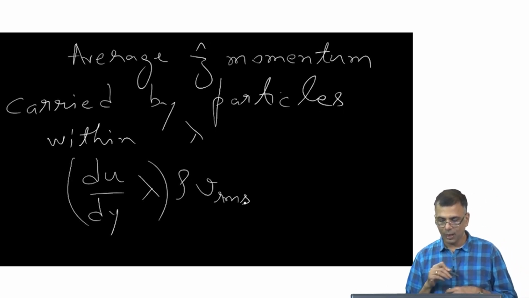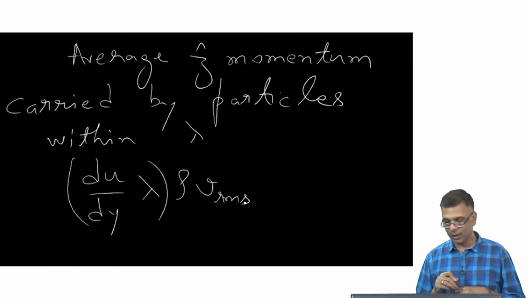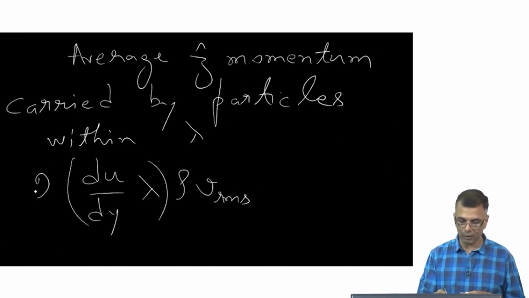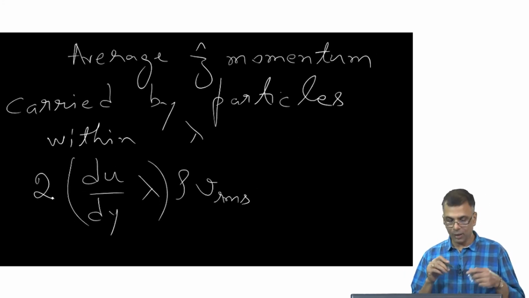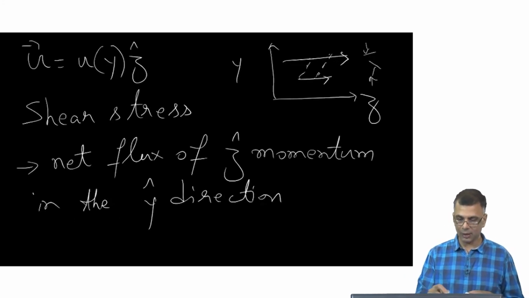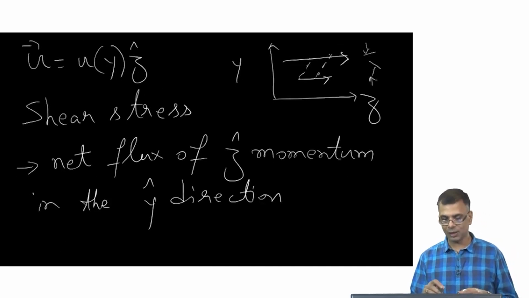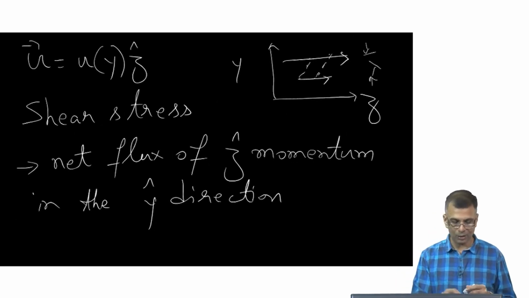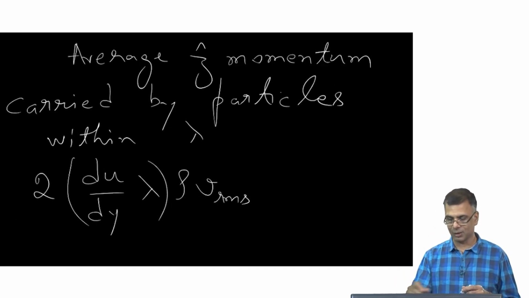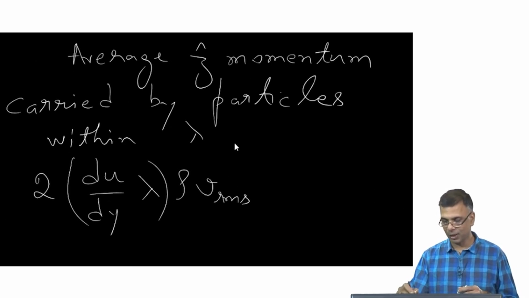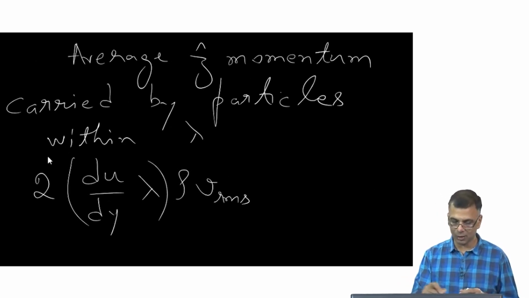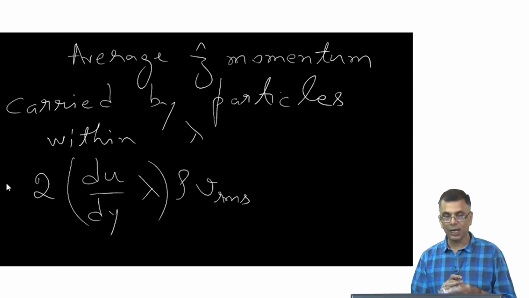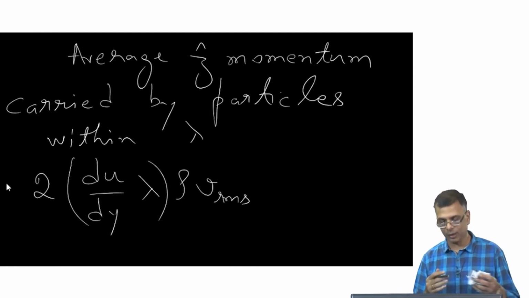Okay. And because of the fact that you have particles going on both sides of the plane, you have a factor 2. Now remember, I said that the shear stress is essentially the net flux of z momentum in the y direction. So that is this. This entire thing is the net flux of z momentum in the y direction, and we arrived at this from a particle kind of picture.